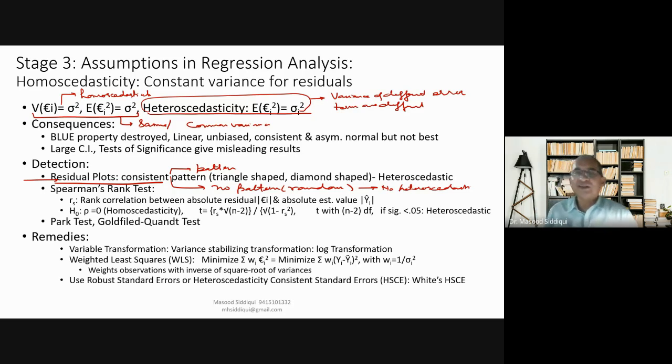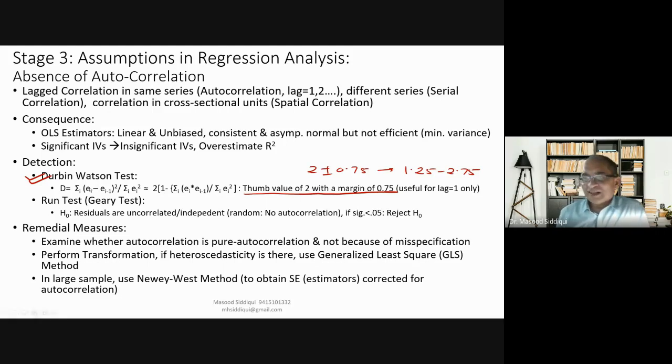And how to rectify the autocorrelation? What are the remedial measures? We use some other method that is known as the generalized least square method. So we make a number of corrections.